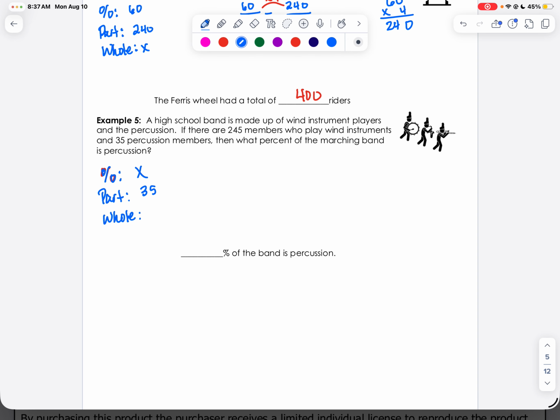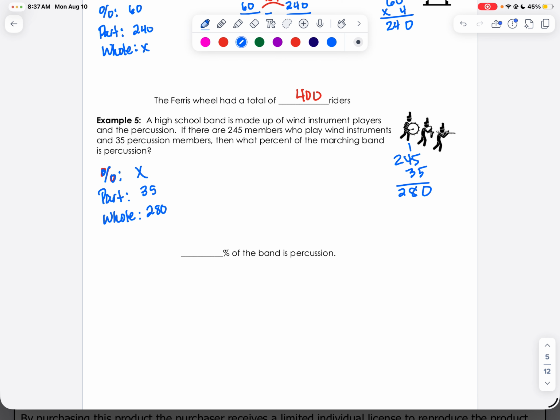Now to get the whole, it's a little more complicated on this one. We have to add up the number of wind instrument players plus the number of percussion players to get our whole. So 5 plus 5 is 10, 5 and 3 is 8. So our whole here is 280. So sometimes they won't straight up tell you what the whole is. You have to determine it yourself.